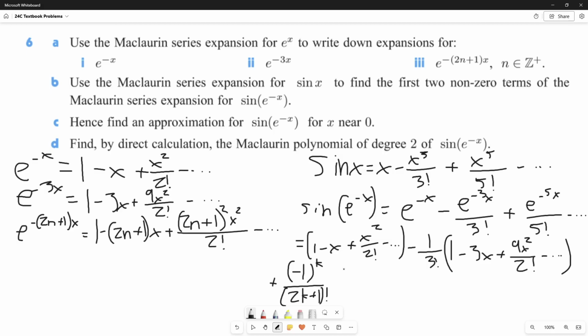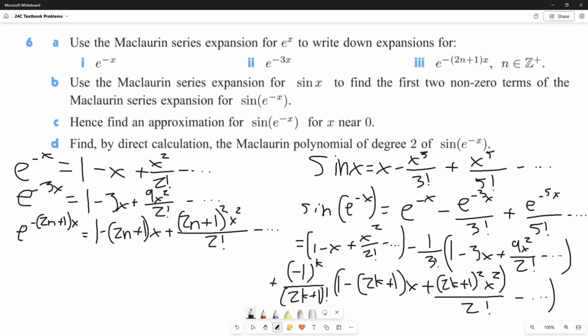so 2k plus 1 factorial, and then in the parentheses we have our e to the negative (2k plus 1) times x. So we can just insert this: 1 minus (2k plus 1)x plus (2k plus 1) squared x squared over 2 factorial, minus so on.